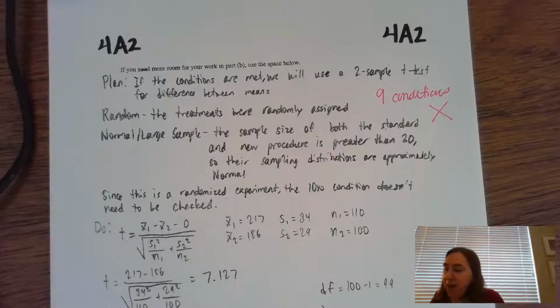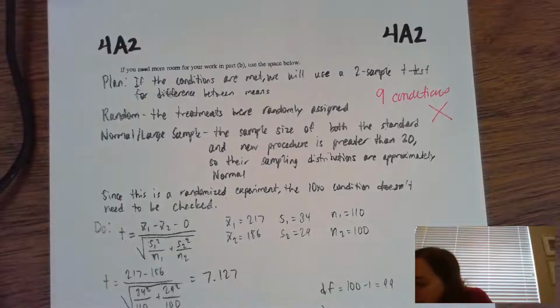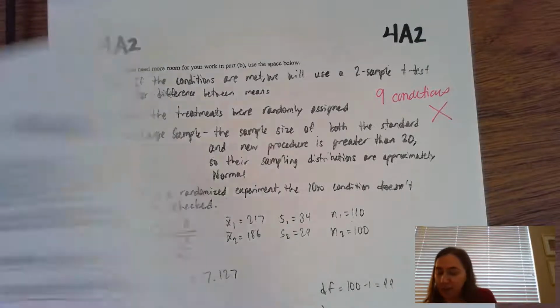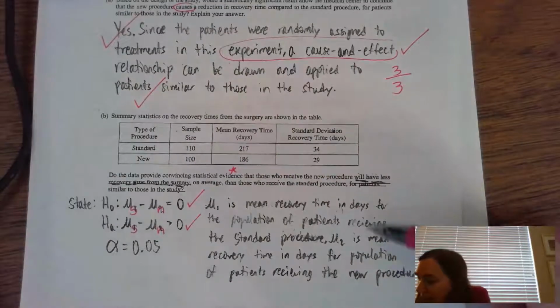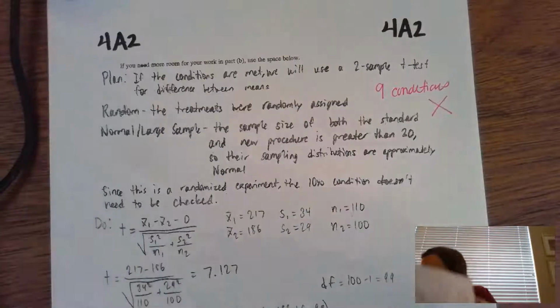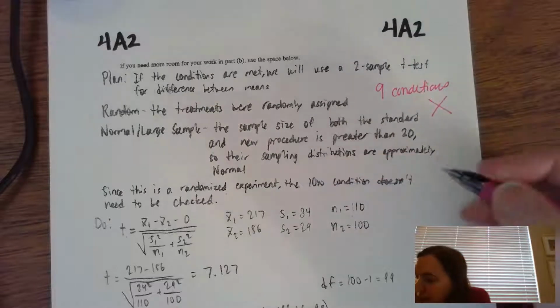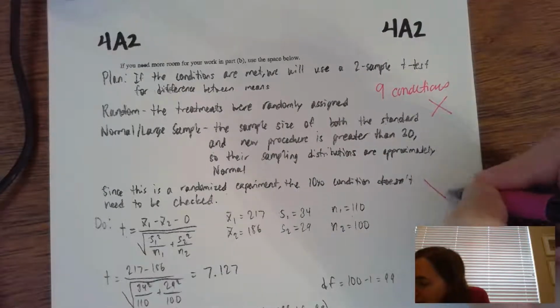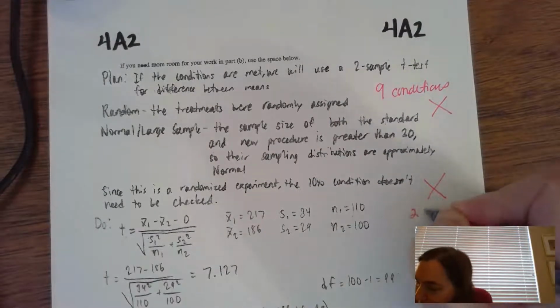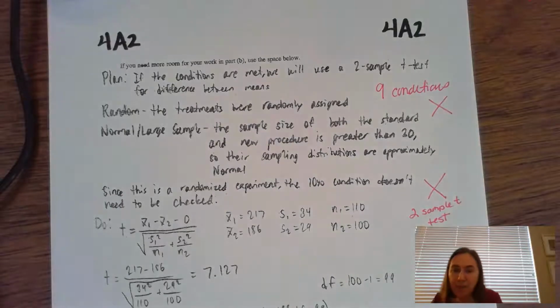The next thing we're looking for is the "since" statement. Do we have the name of the test they were using? I'm looking around, going back to the front page, and I don't see the name of the test at all. So I am not going to give them credit. It needs to say a 2-sample t-test since all the conditions are met.